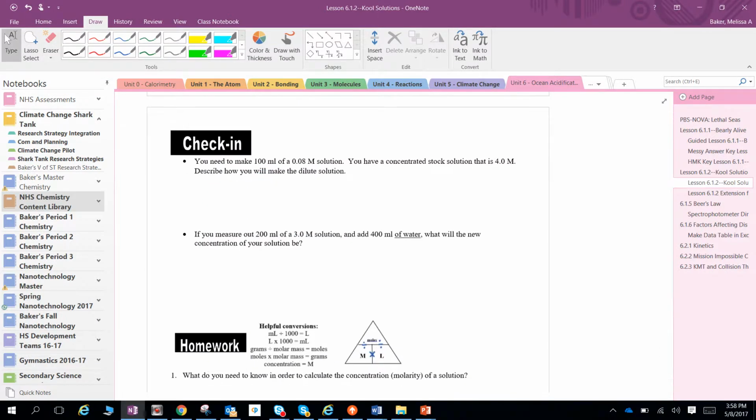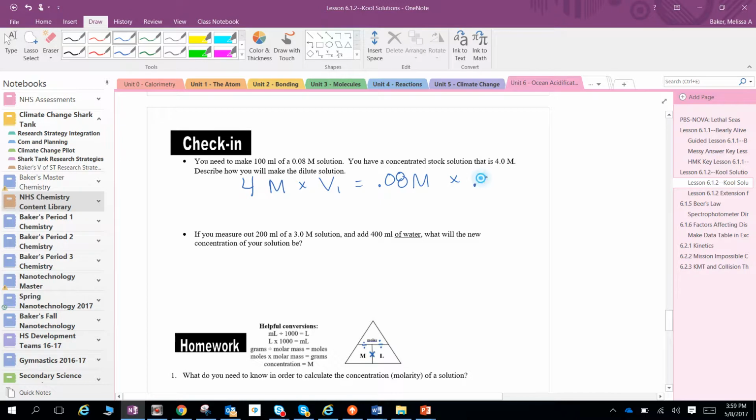And let's do the last 2 check-in questions here. We're going to use the dilution equation. It says I've got a stock solution. That's going to be my M1, 4 molar. And I want to make 100 milliliters of a 0.08 molar solution.